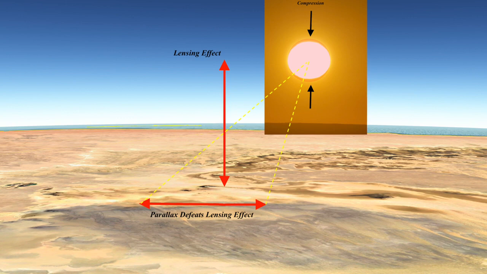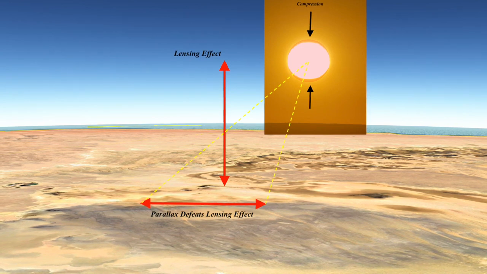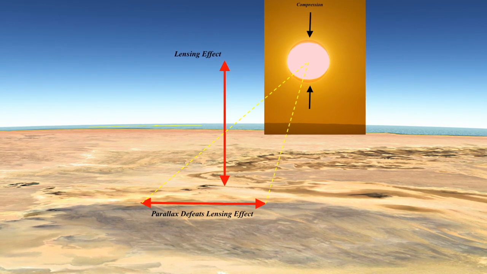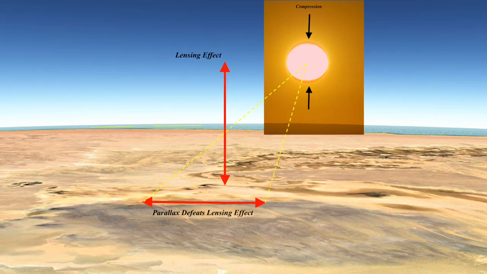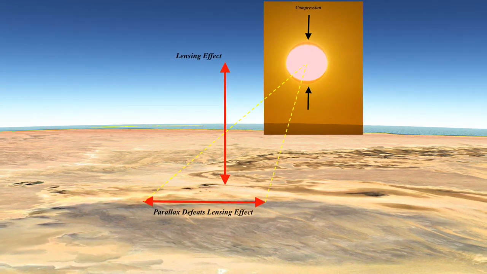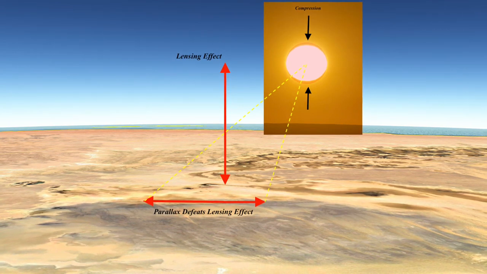You see, the lensing effect occurs in the vertical dimension, as we can see from the sun. Just seeing that ellipticity ought to make us wonder, like, hey, what's going on? But moving left to right, perpendicular to the direction to the sun, now we can defeat the lensing effect because it's acting the same at either location.